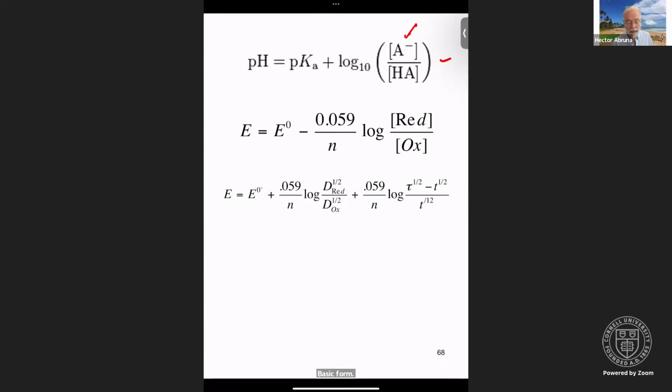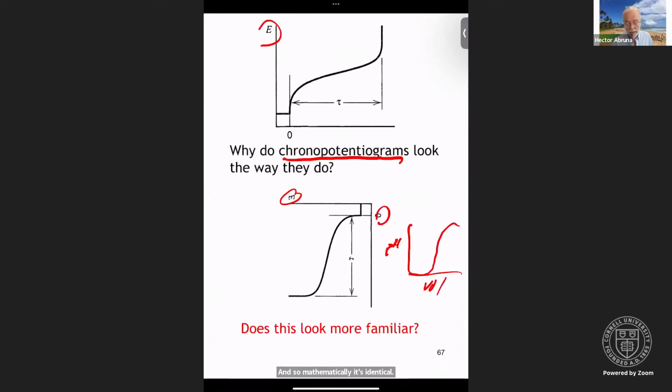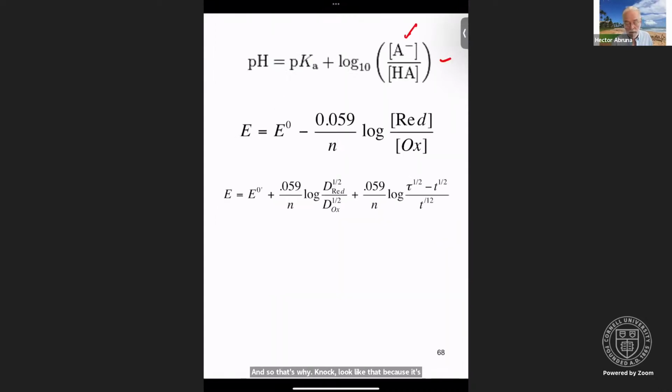Here we have E equals E0 prime plus 0.059 log ox over red. And so mathematically, it's identical. That's why chronopotentiograms look like that, because it's basically an upside down titration curve. The math is essentially the same.